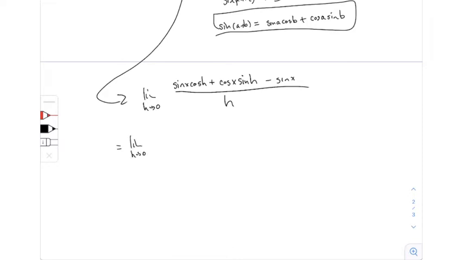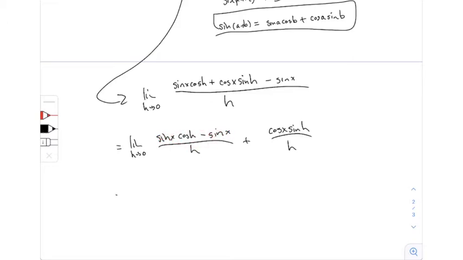So it's going to say sine x cosine h minus sine x over h, and then plus the other part, cosine x sine h over h. All right? And now, out of the first fraction, we can factor out sine of x, because I have here two things up top and they each have a sine x on them.